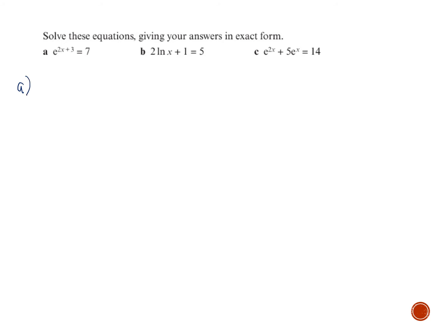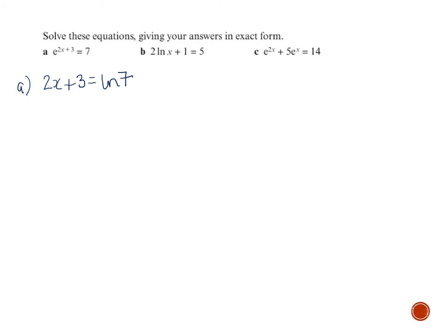Now this is very similar to the one we did on the previous slide that said e to the x equals 5. We wrote x equals ln 5. So exactly the same as that. But in this situation, the power is going to equal ln 7.